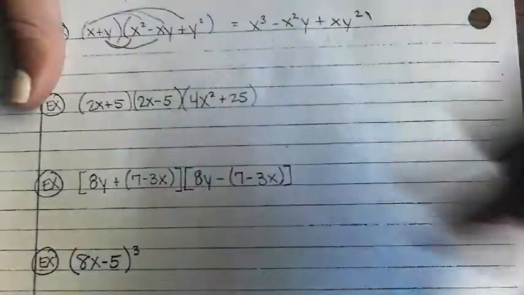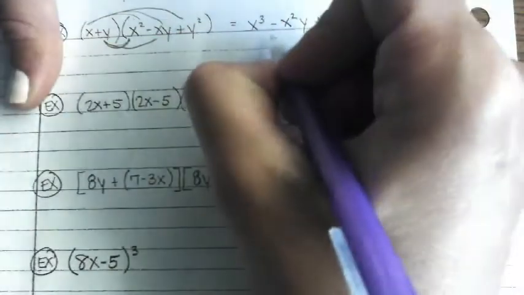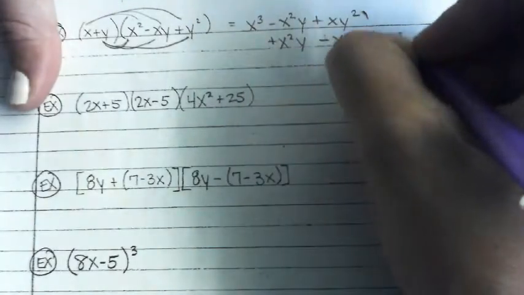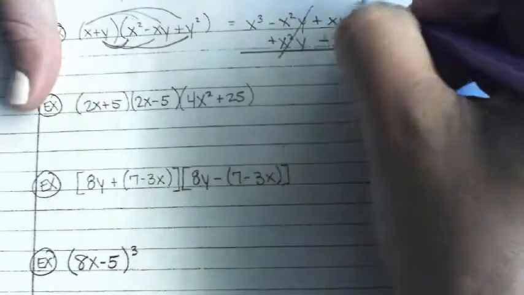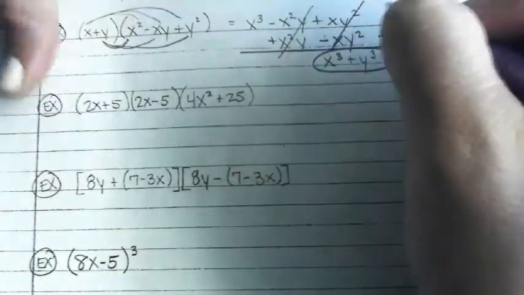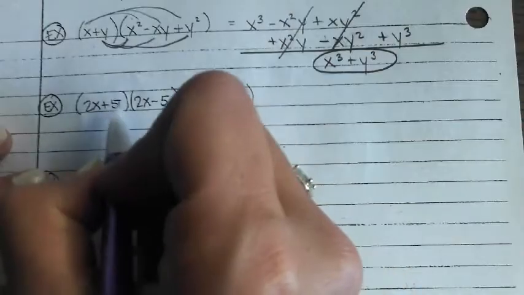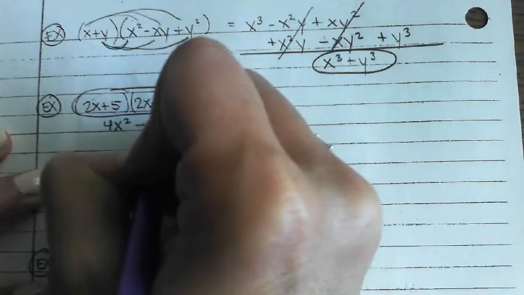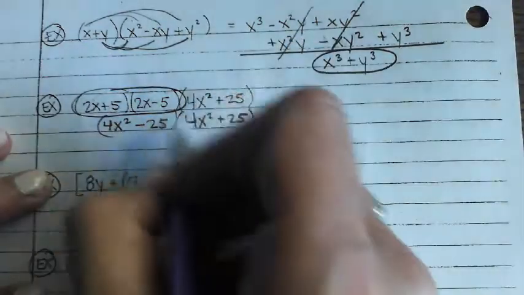Oops, messed that up. That is x squared y. Those cancel. Conjugates, outer, inner cancel. These are conjugates.